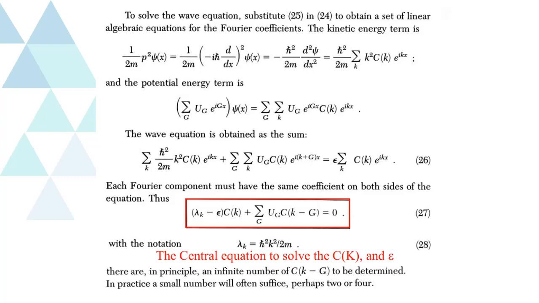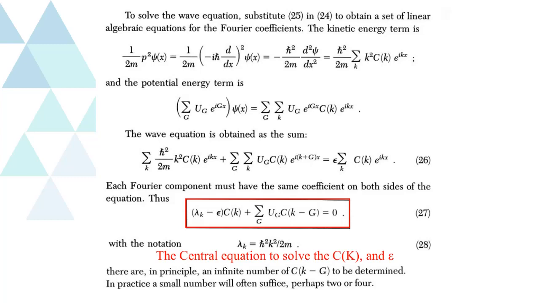And the potential energy term, summation over g, Ug exponential igx times psi of x equals summation over g, summation over k Ug exponential igx ck exponential ikx. On substituting for kinetic energy and potential energy terms, you will get equation 26.